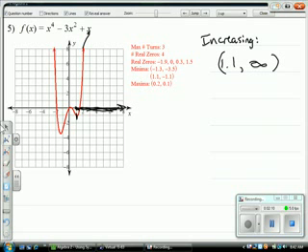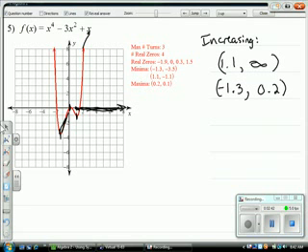Now, it's also increasing from the x value here till about here. So the x value on the minimum here is negative 1.3, and that takes us right up to the maximum with the x value of 0.2.